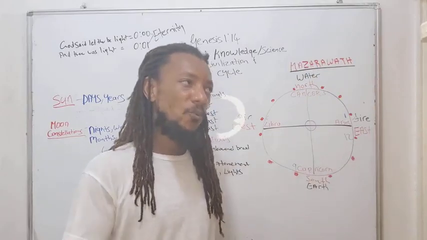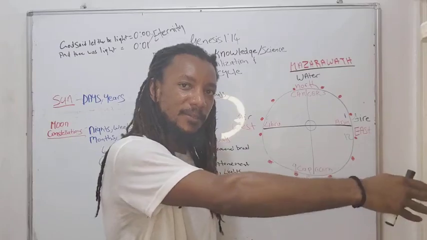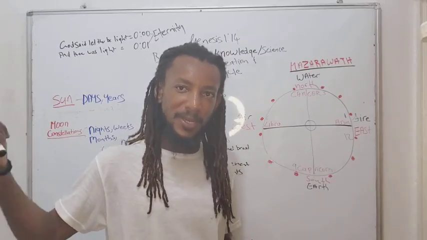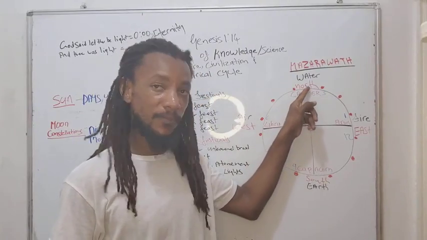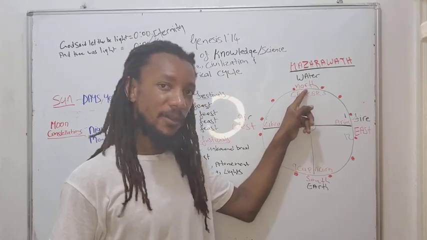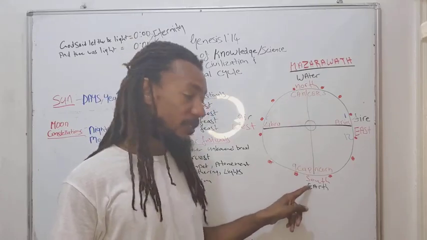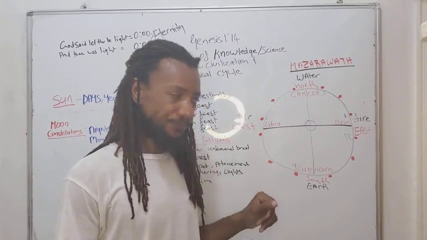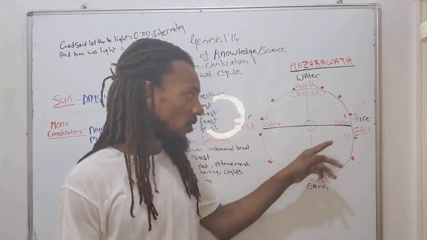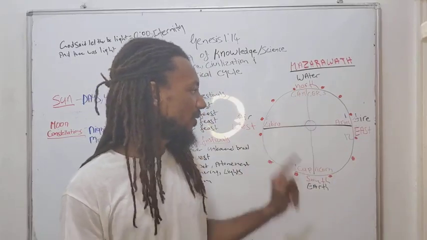So if you're standing with east on your right hand and west on your left hand, it means you're facing where? North. And if you're facing north, that means behind you is south. So you have east, west, north, and south.